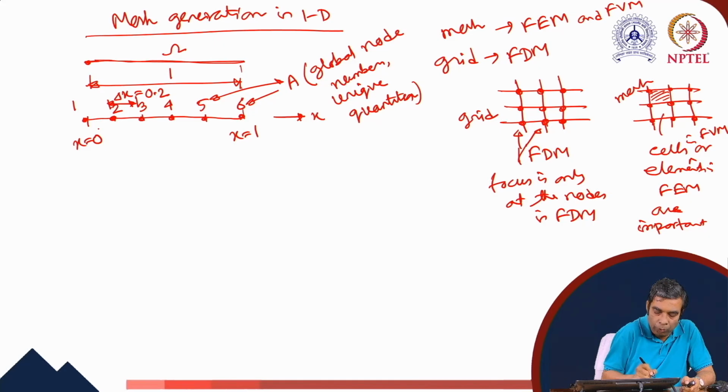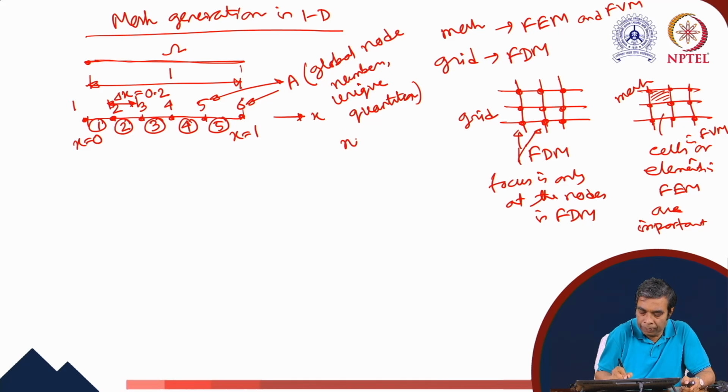And here we have 5 elements. We identify the elements as 1, 2, 3, 4, and 5. So for this particular picture, we have NumNP, the number of nodal points, equal to 6, and NumEL, the number of elements in the mesh, equal to 5. Our element looks like a straight line segment containing 2 nodal points.